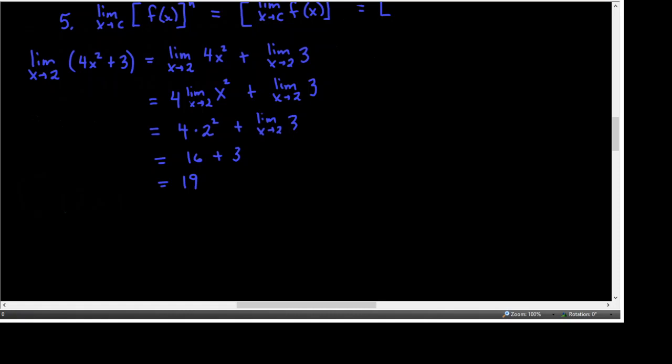And then for every scalar like 4, I can bring that out in front. Then I'll have powers of x for which I can substitute, maybe even a plain x for which I can substitute, and then the limit of a constant is that constant.